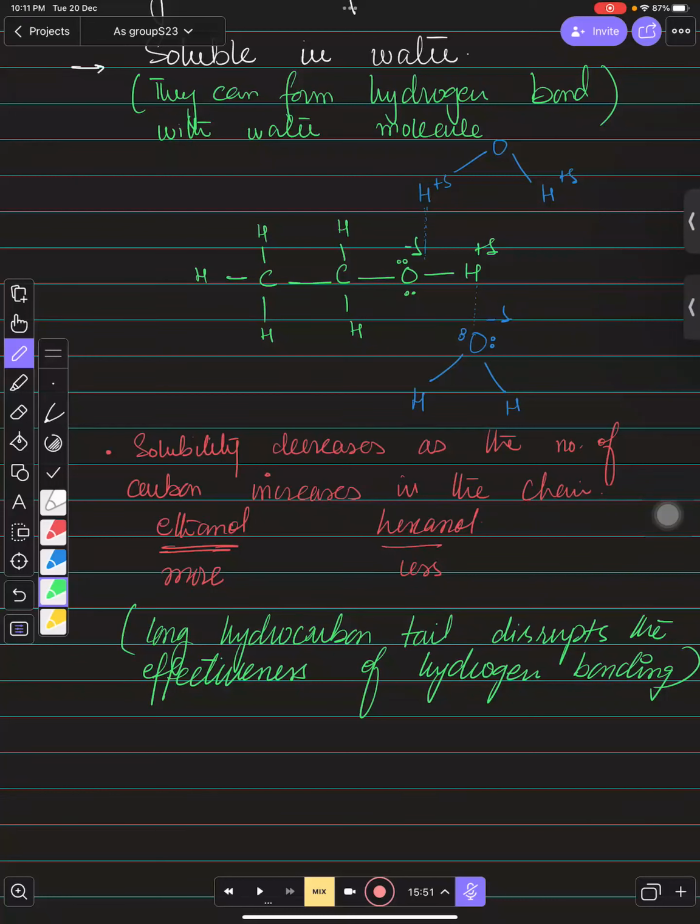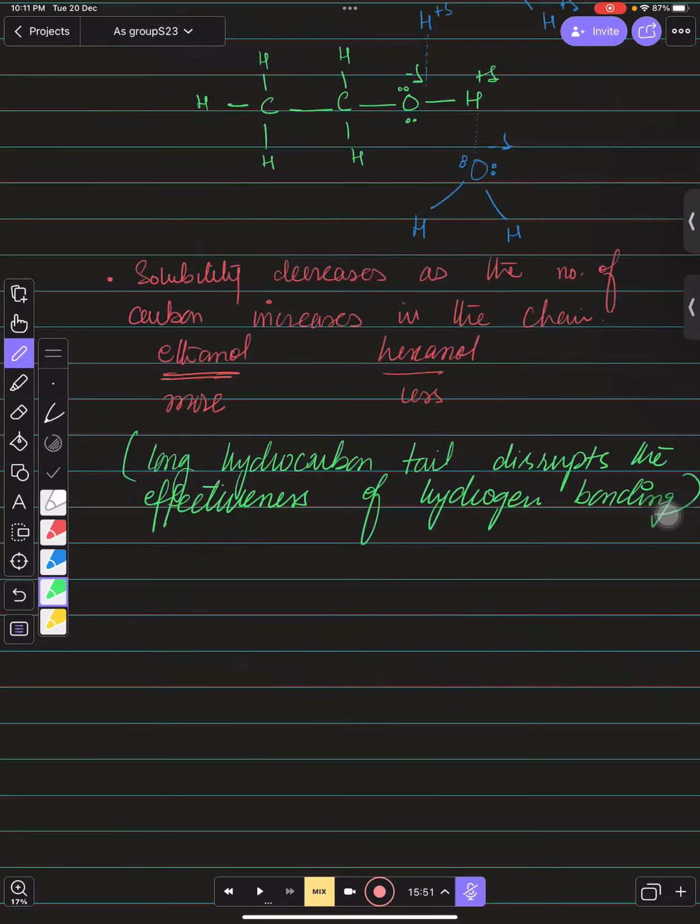Okay, so the second point is that alcohols have higher boiling points than alkanes, right? Alcohols have a slightly higher boiling point as compared to alkanes. So you can say that alcohols have higher melting and boiling points. I'm writing boiling point first because they are in liquid state.